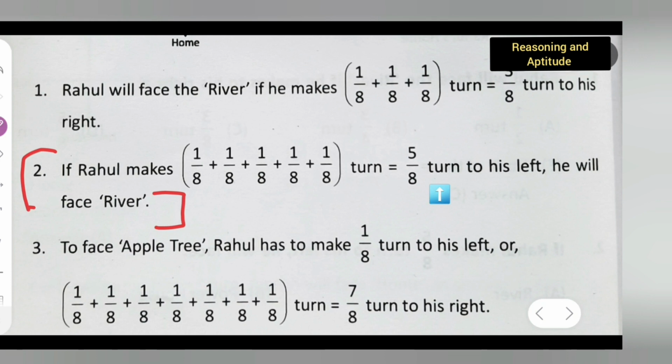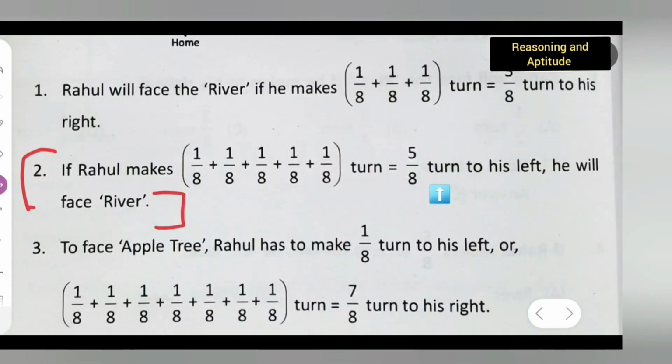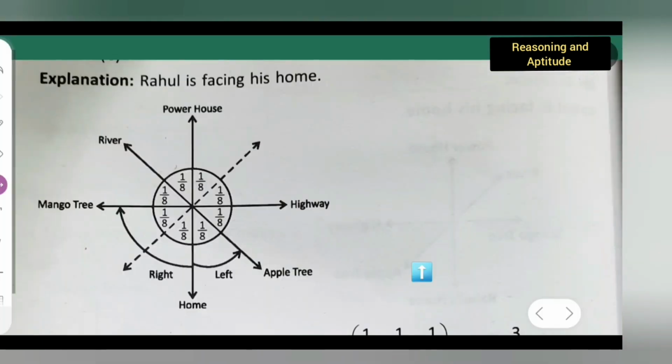Next, let us see the third one. What is given over here? To face the apple tree, how many turns does Rahul have to make? That we have to see, right? So he has to make a left turn.